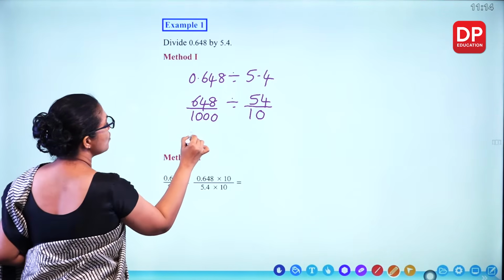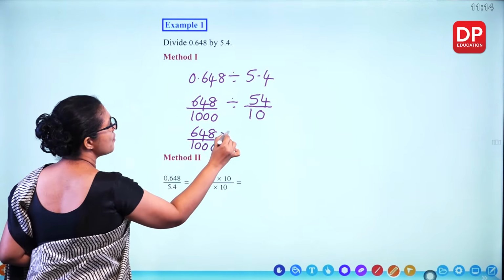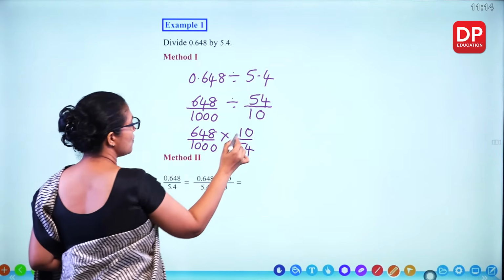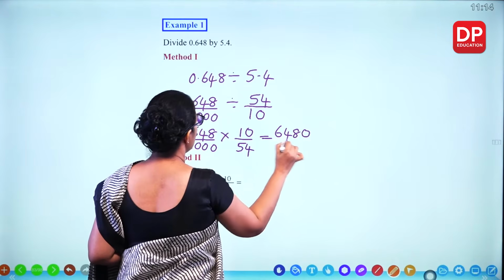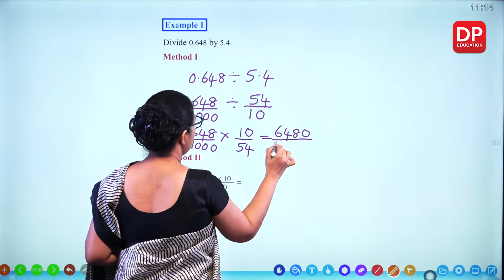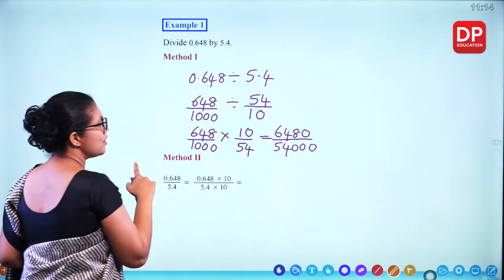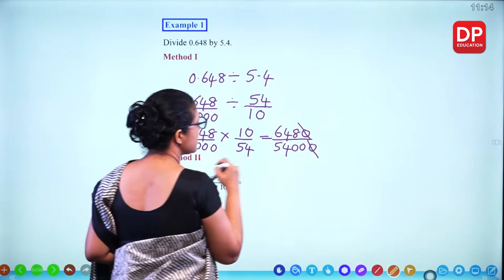Now convert to multiplication by taking the reciprocal, 10 over 54. Now 648 and here 5, 4, 1, 2, 3. Multiply the numerator separately and denominator separately. 1, 0 get cancelled out.